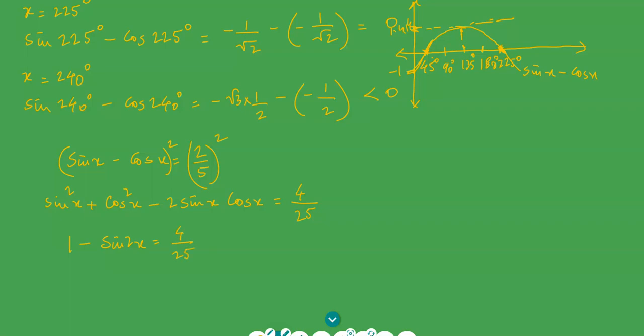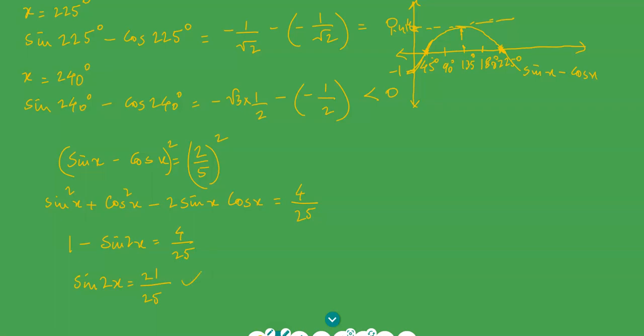And solving this, we get sin 2x to be equal to 1 minus 4 over 25, which will be equal to 21 over 25. 1 can be written as 25 over 25. So 25 over 25 minus 4 over 25 will be giving us 21 over 25.